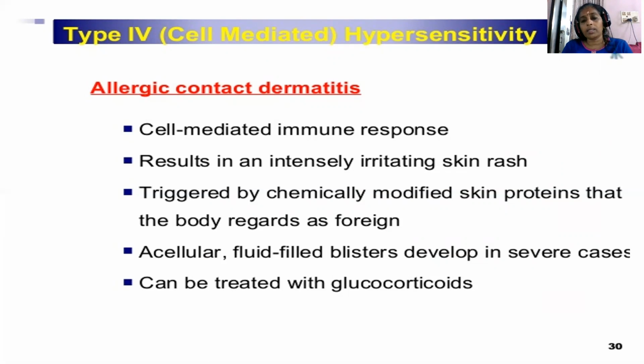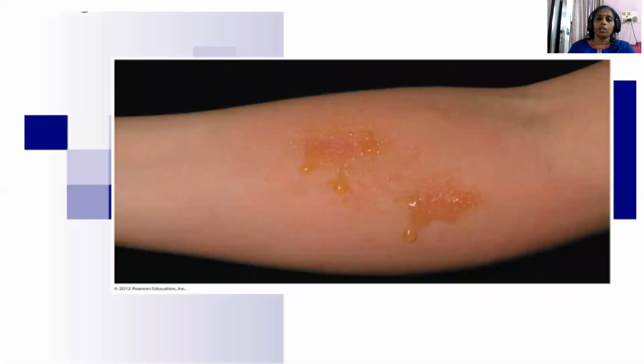So this allergic dermatitis is an irritation and skin rash reaction due to cell-mediated immune response, but it can be treated with corticosteroid drugs. This is an example of this contact dermatitis reaction.